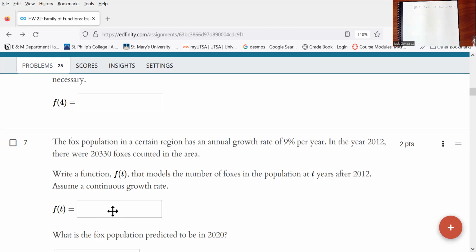Yeah, no matter what you're doing, it should always be converted. 0.09. How do you convert 9% to a decimal? Well, what does percent mean? Like we hear that all the time. What does percent mean? Something we take for granted, right? It means out of 100. So 9 out of 100 is technically what it's saying.